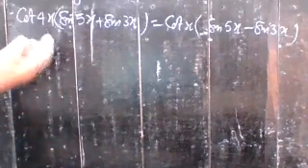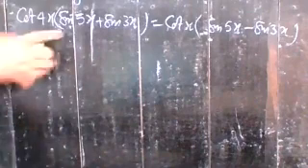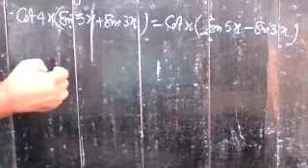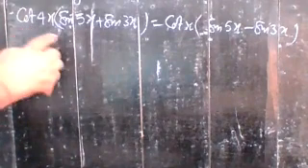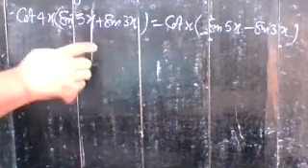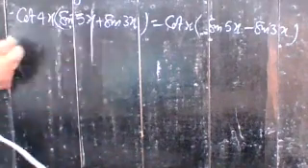So this question is like that. Here you have cot 4x into (sine 5x plus sine 3x). So take the left side, apply the identity for sine x plus sine y, and convert it into simplified form.